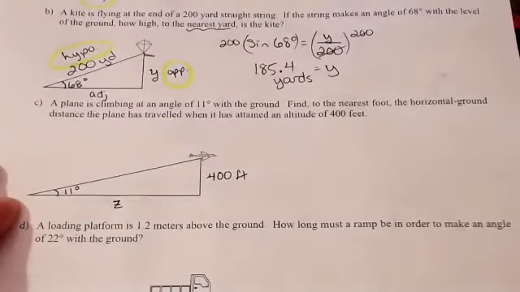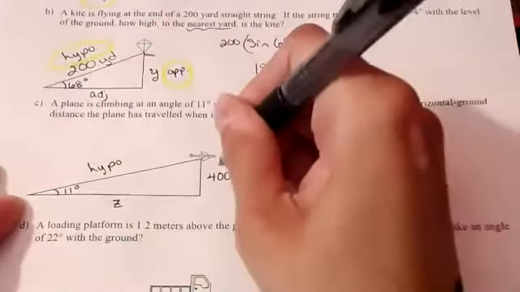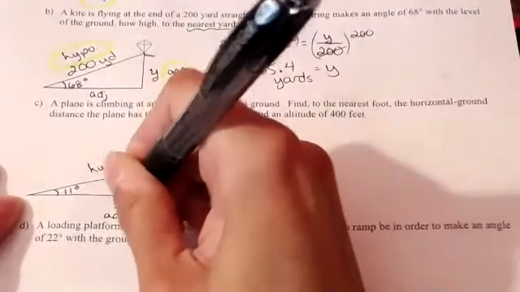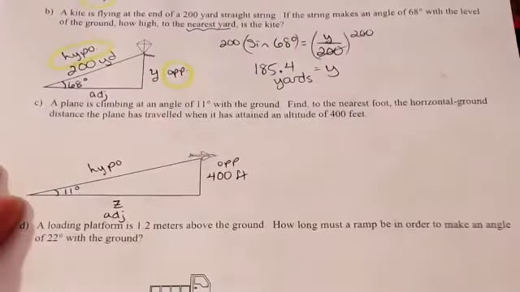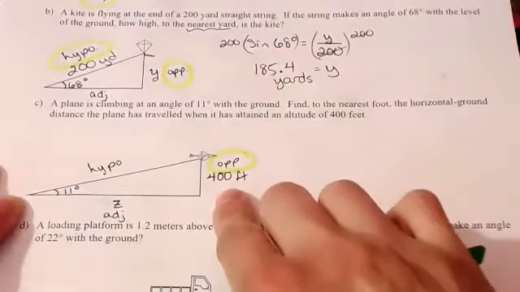Go through the same motions of labeling all your sides. So we have our hypotenuse, we have our opposite side, and we have our adjacent side. The next thing I'll do is circle the two pieces that I need to use. So I definitely need to use the opposite side because I actually have the 400.